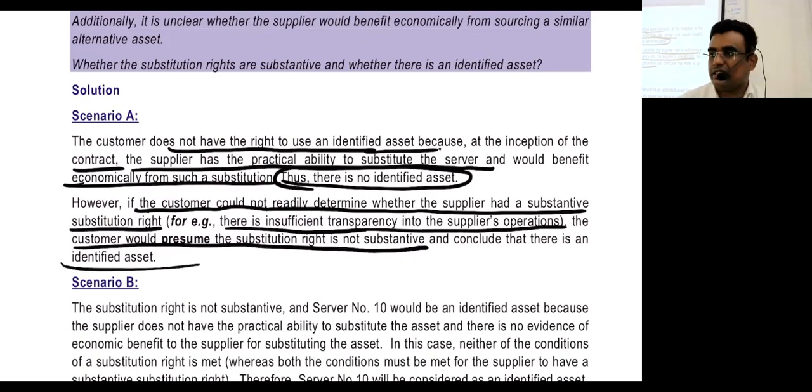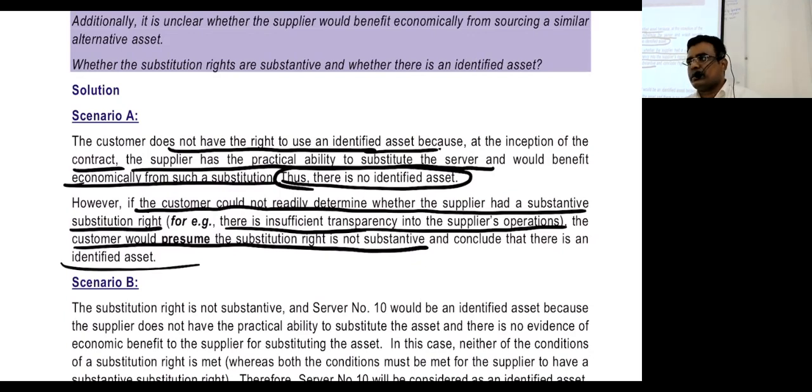So identified asset: simple, is there a server? Let us first see whether there are substantive rights to substitute with the supplier. For substantive rights you have to think from the supplier's point of view, not the customer's. Is there practical ability and economic benefit? Both are there. He has substantive rights to substitute.